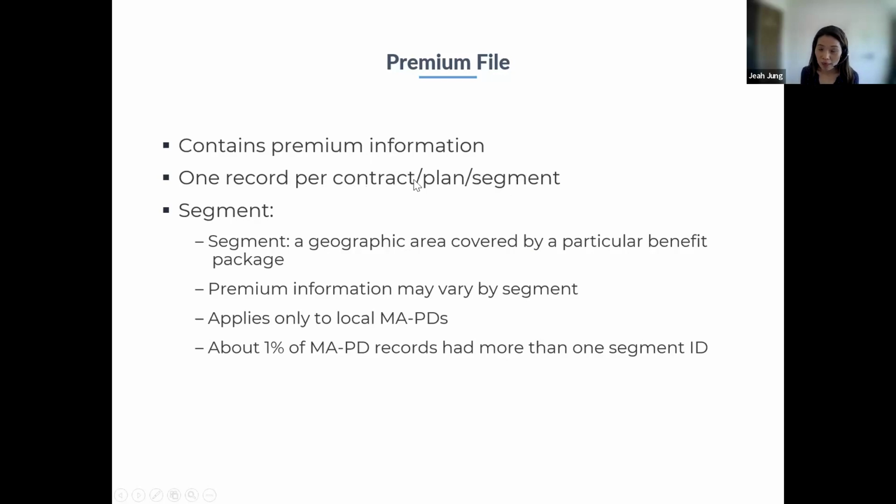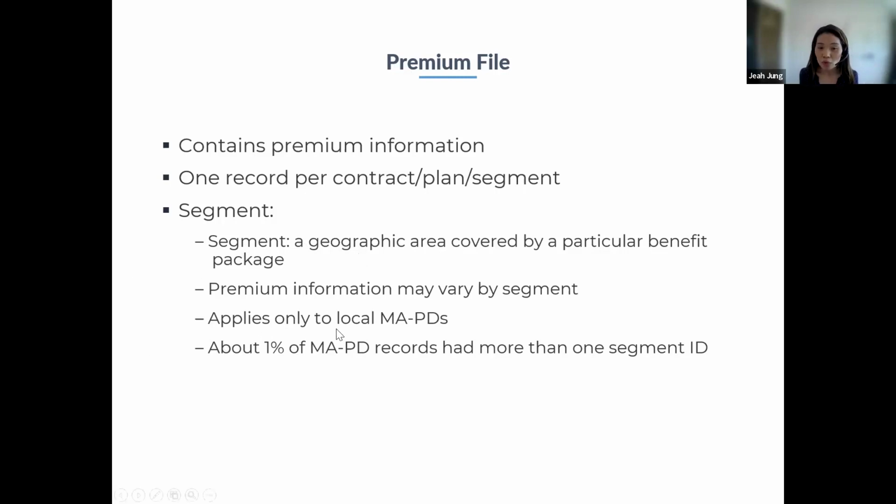Once you have a contract plan, this means that you have exactly the same benefit package. Plan ID represents the benefit package. So you have the same benefit package in the same contract, same organization, but you have a segment, which is a county actually, with different premiums. A segment is a county, covered by a particular benefit package, and the next neighborhood segment has a different premium.